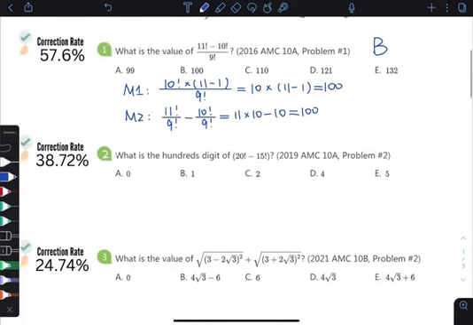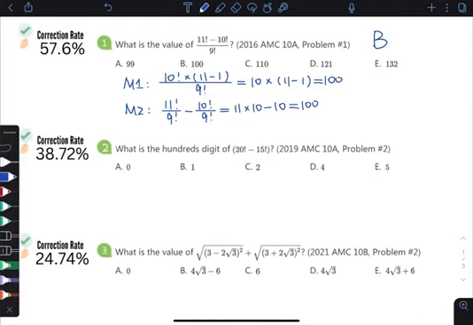Alright, and then the hardest question number 2. What is the hundredth digit of the factorial of 20 minus factorial of 15? When I first saw the question, I didn't have an explicit way. So I thought about what the unit digit of the subtraction is.